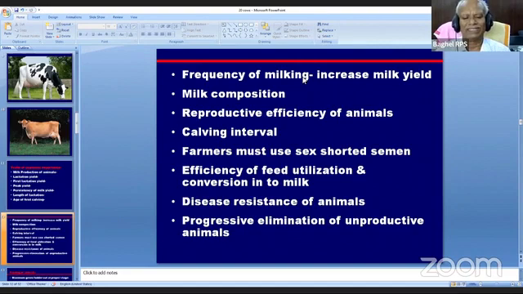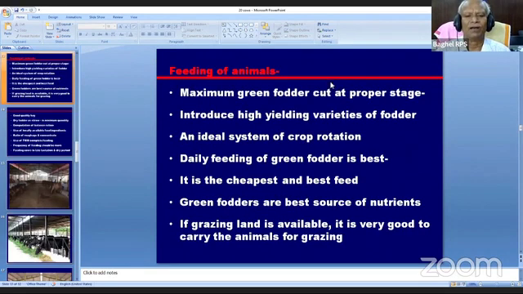And to increase the profit of the dairy, you must try that gradually low productive animals, unproductive animals should be eliminated, by which your total recurring expenditure will reduce and the total income from the milk will increase. So dear friends, you must keep all these points in mind.